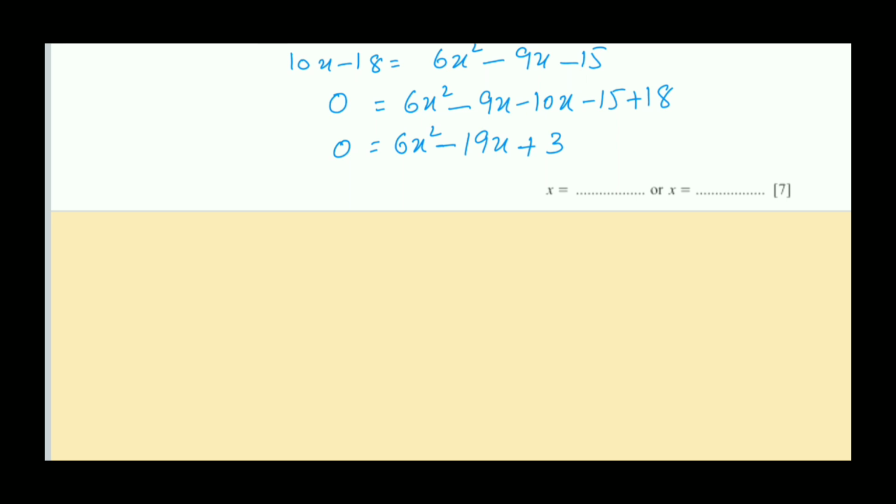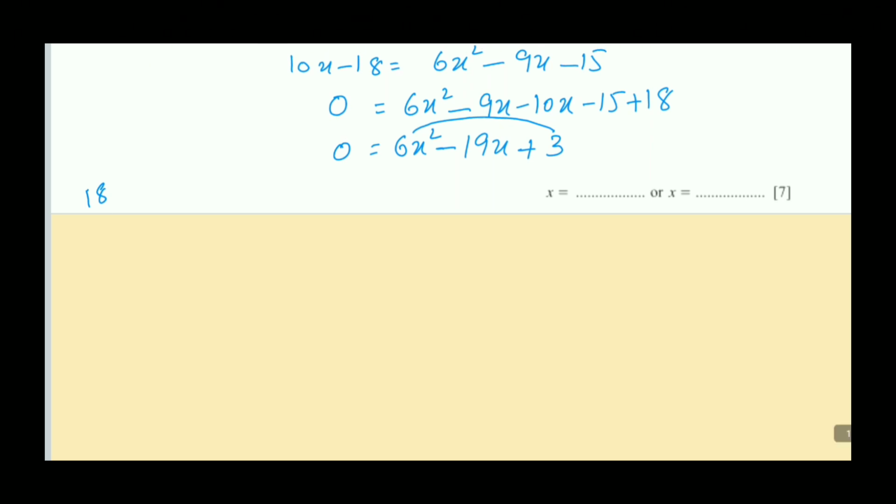6 and 3: 6 multiplied by 3, 6 3s are 18. Now you have to make the factors of 18. This is the method of midterm breaking. I am explaining how to do this question with the help of midterm breaking. The coefficient of x square and the last number will be multiplied.